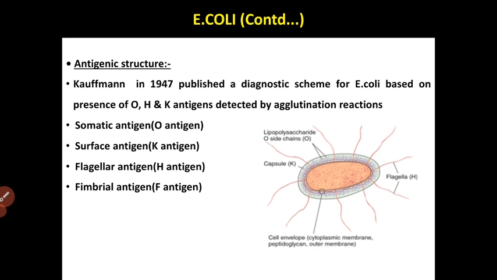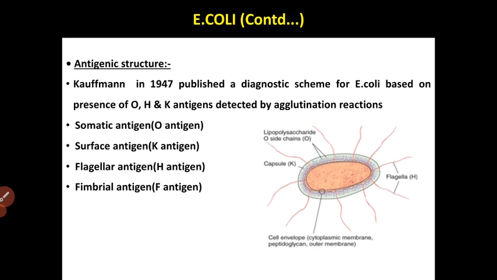Next, antigenic structure. Now, Kauffmann in 1947 published a diagnostic scheme for E. coli based on the presence of antigens O, H and K. O is somatic antigen, K surface antigen, H flagellar antigen and F fimbrial antigen.